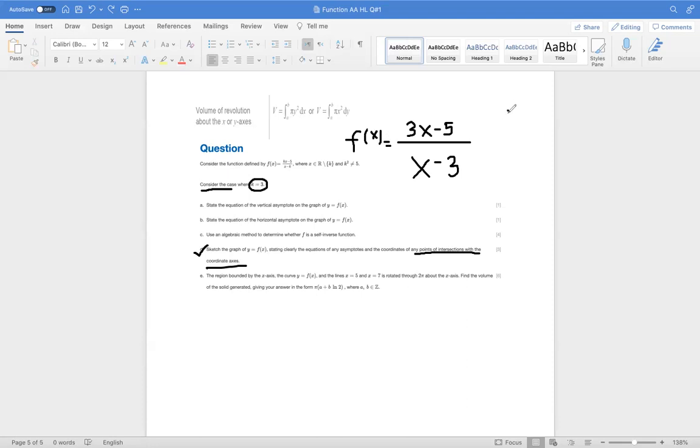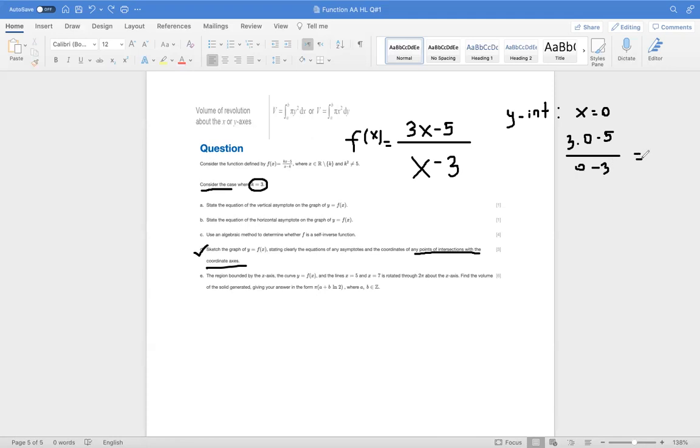Now let's get the y-intercept. As you know from the previous videos, to get the y-intercept, x must be 0. If x equal to 0, what happened? 3 times 0 minus 5 over 0 minus 3.